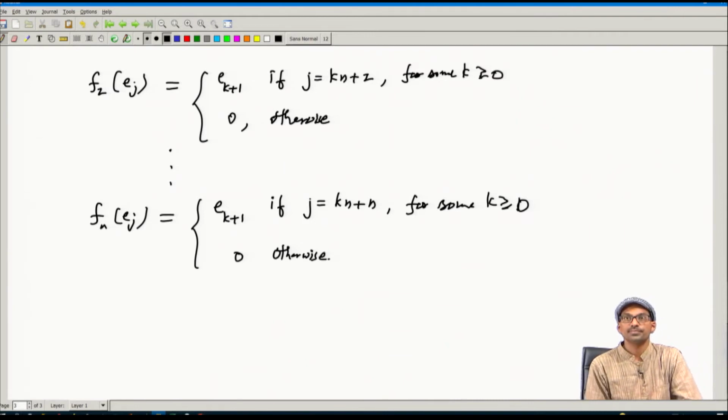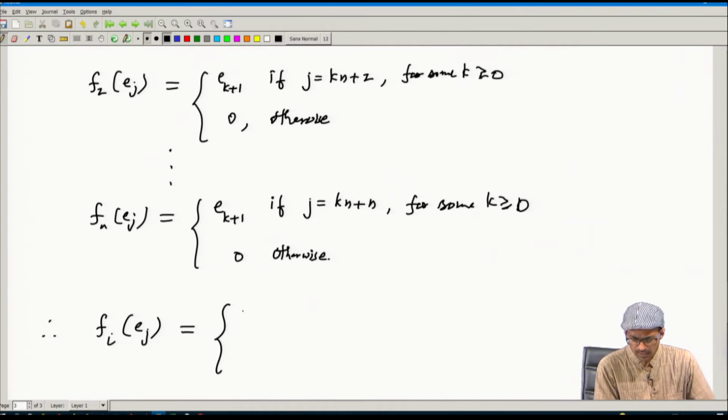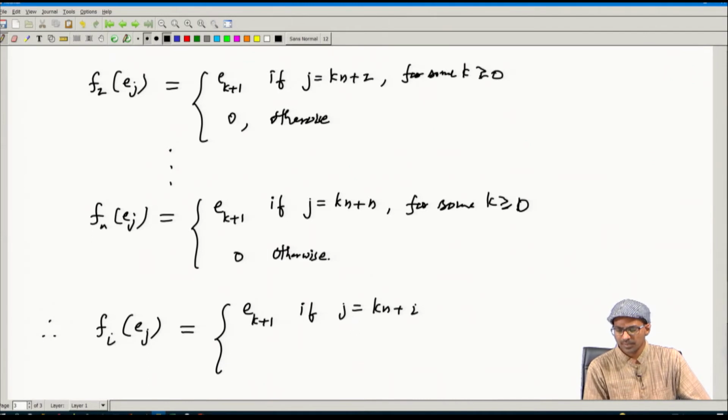So, in general, Fi of Ej is defined as E k plus 1 if j equals k n plus i.